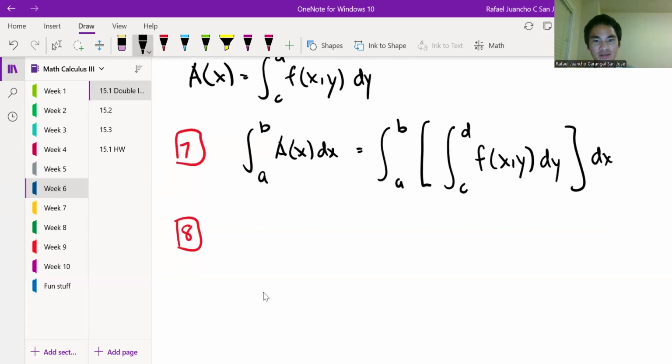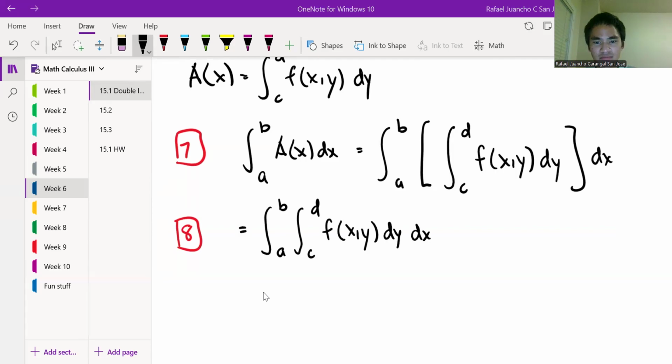Let me go ahead and show what that would look like. It would look something like this. And now this is a double integral. So here we put a dx and then dy.